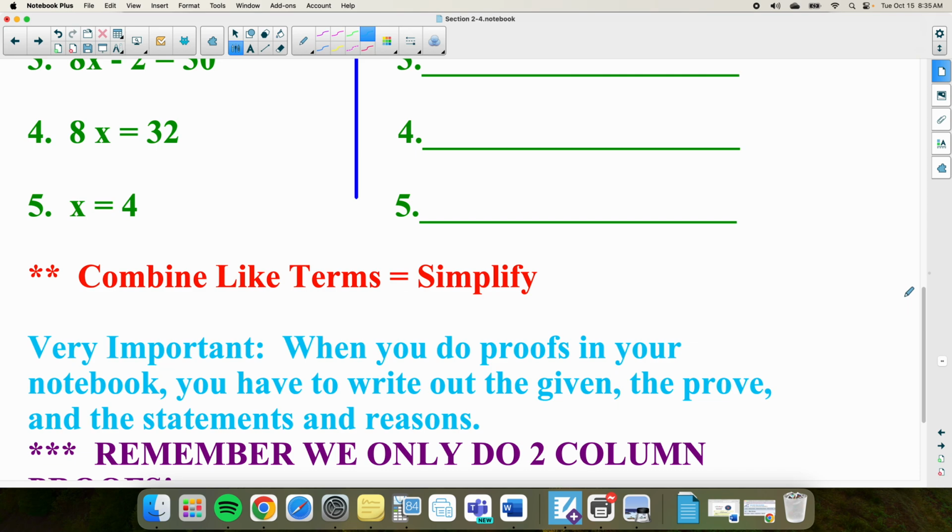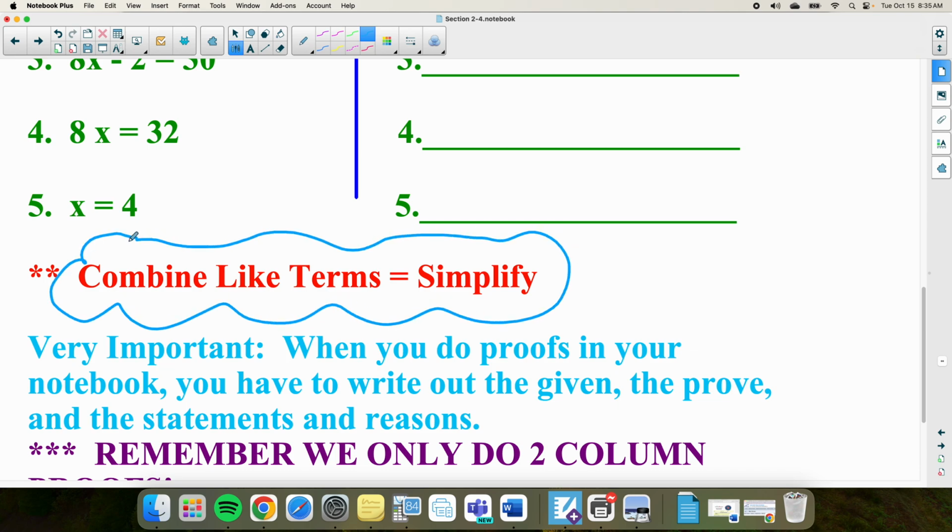Like I said, I do want you to copy this down so that you know what it's called whenever we combine like terms, okay? So maybe on the top of that, just write combine like terms equals simplify.